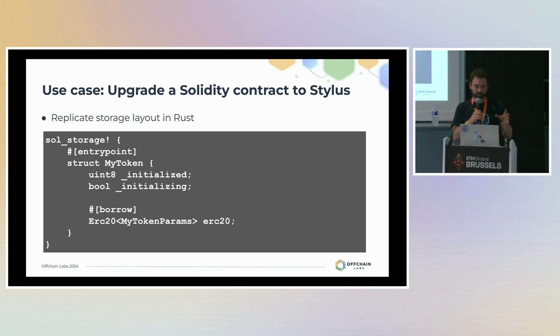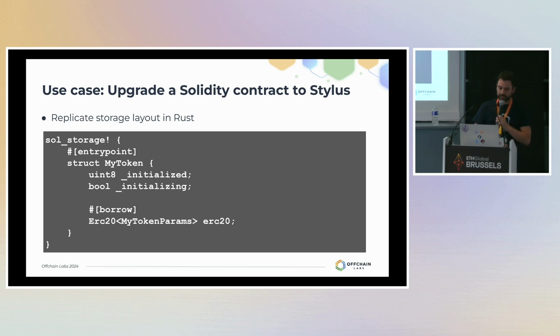This is interesting, especially for these use cases, because if you are a Solidity developer, it's very easy to copy the storage layout that you have and paste it as is in your Rust smart contract. If you are a Rust developer and you don't know anything about Solidity, it doesn't matter, you just write with Rust syntax.